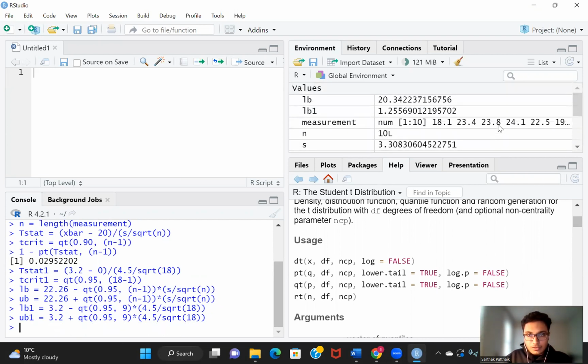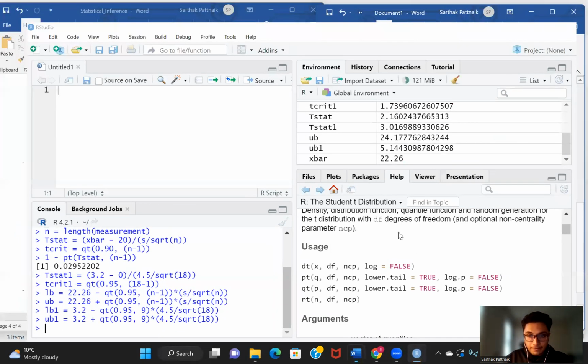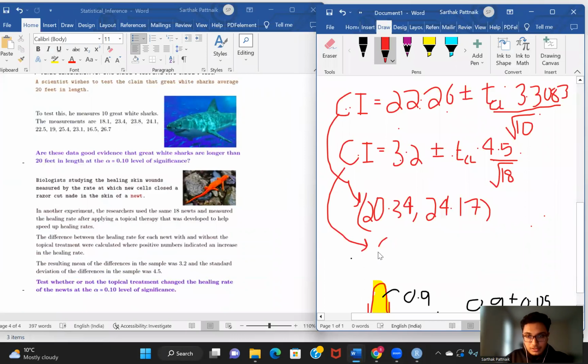So it starts from 1.25 and it ends at 5.14. It's 1.25 to 5.14. This is the confidence interval for the unknown population parameter for the two-sided t-test.